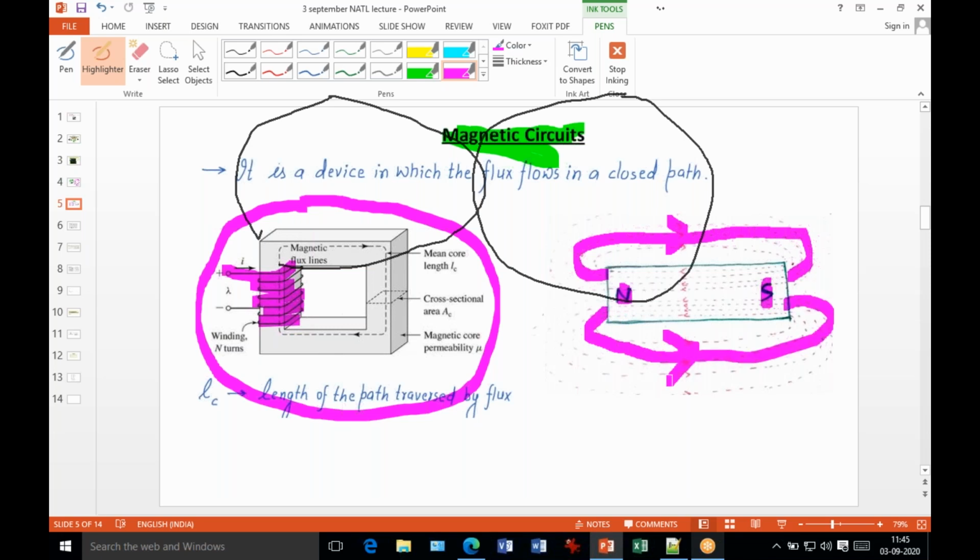But inside the magnetic material, because this is the magnetic material, the magnetic lines flow from south to north pole. So here you see this direction is going from south to north.